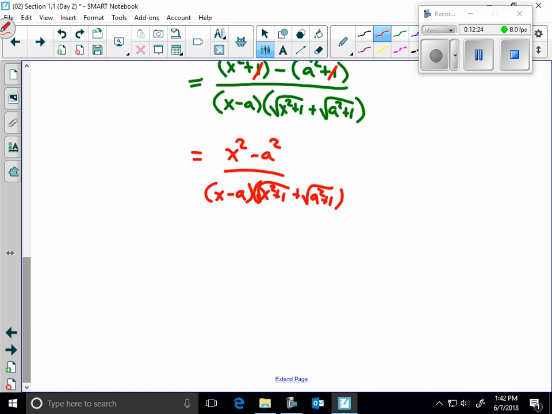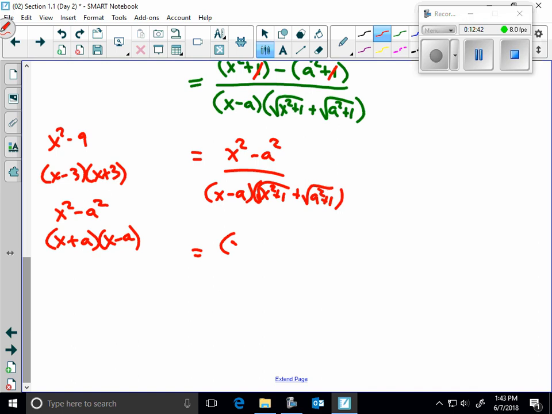Okay, so let's take a look at what's going to happen here. If I had x squared minus 9, that would mean I'd have x minus 3 and x plus 3. So if I had x squared minus a squared, that would mean I have x plus a, x minus a. Doesn't matter the order in which I have those. So technically speaking, my numerator is x minus a times x plus a.